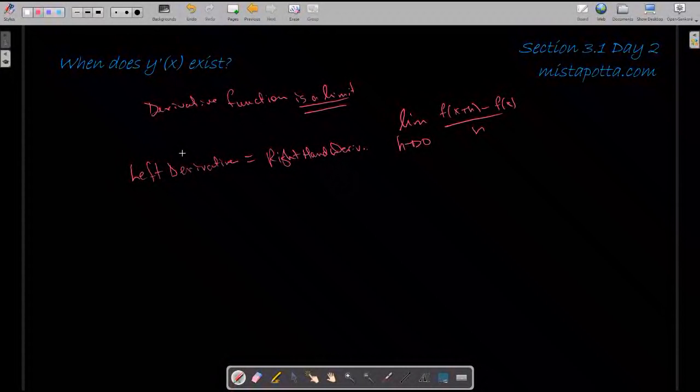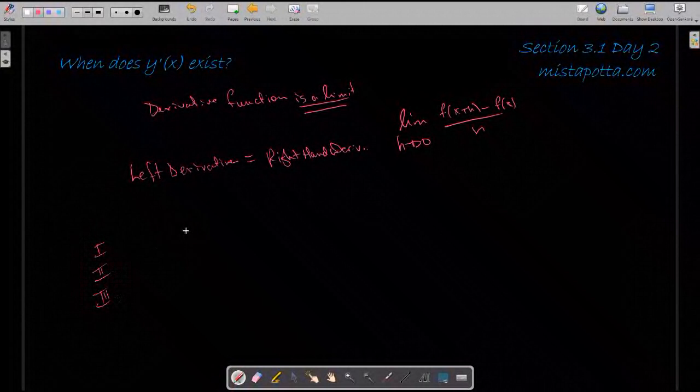And so this brings into mind something that we talked about before, because we've talked about the three-step process for when a limit exists. We've talked about a three-step process for when a function is continuous.